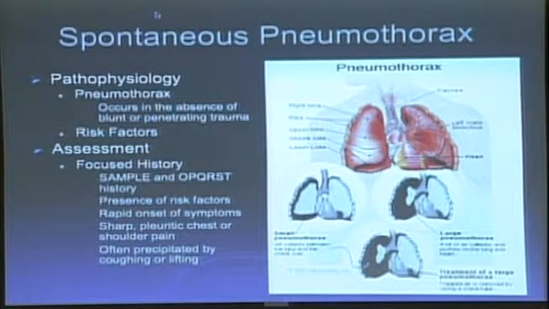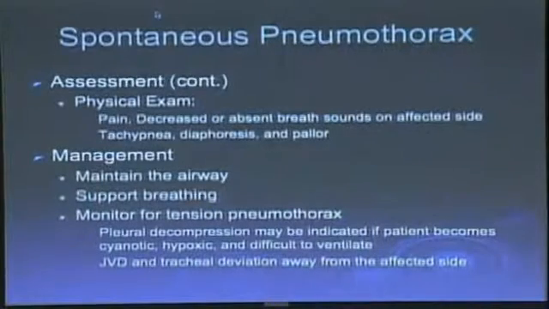Someone who falls and gets a pneumothorax is another thing. A basic rule for me is that nobody ever died of a simple pneumothorax. It's uncomfortable. They have shortness of breath.